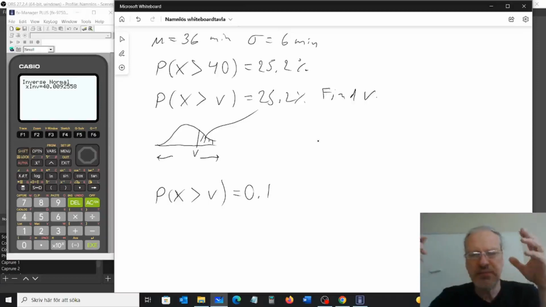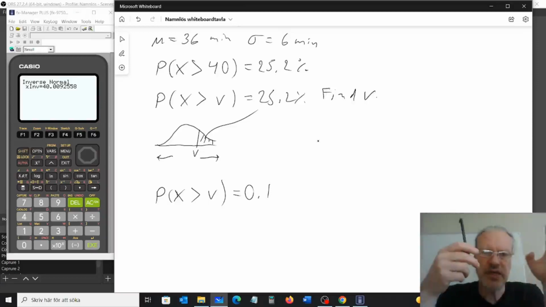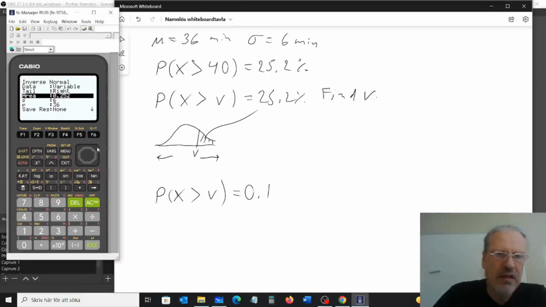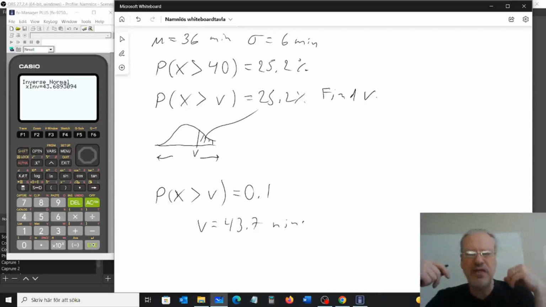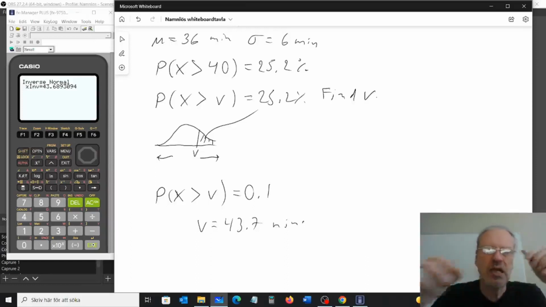That means that 10% will take longer time, 90% will take shorter time. So go in here again and change this to 0.1 and do the calculation, and we see that V will now be 43.7 minutes. So 90% of the students will be finished before 43.7 minutes, and 10% will take longer than this, if the distribution is normally distributed.